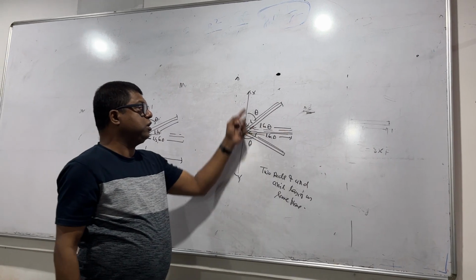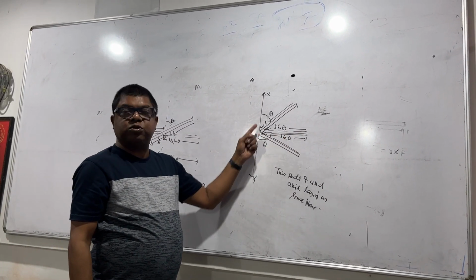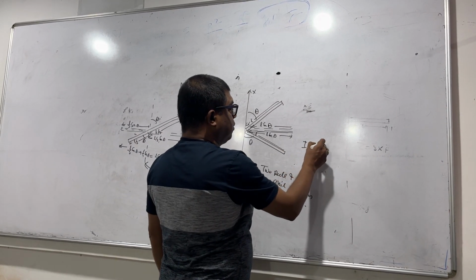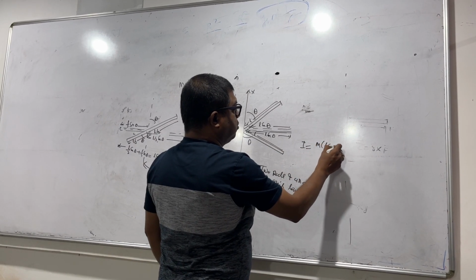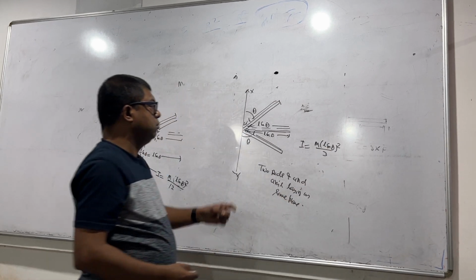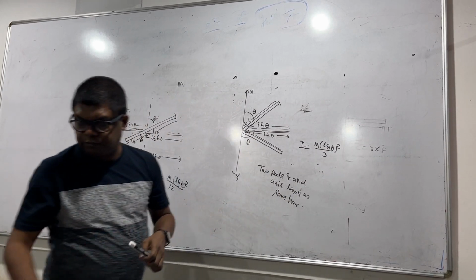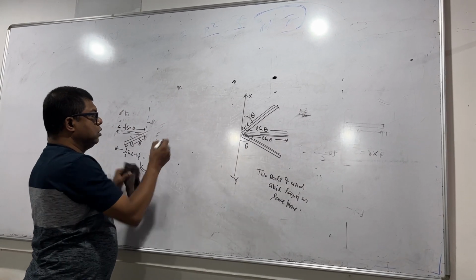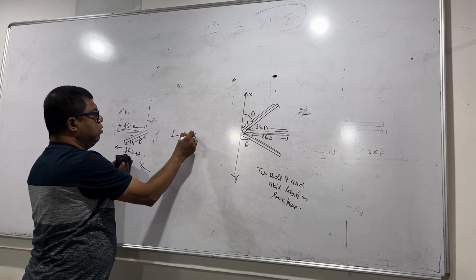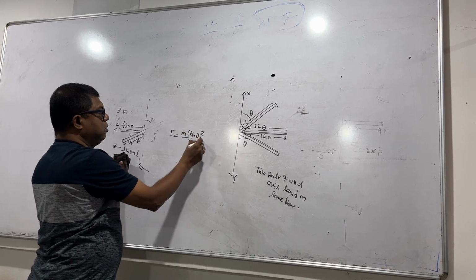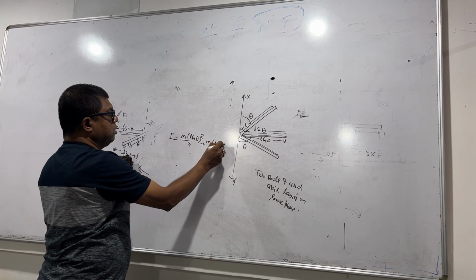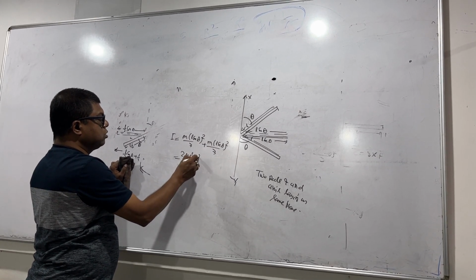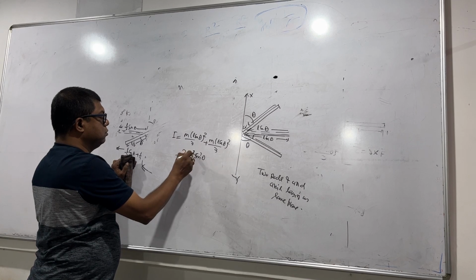So this is (L sin theta)^2 by 3, that is mL^2 sin^2 theta by 3, for one end of the rod. So I is equal to m into (L sin theta)^2 by 3, and for the other, I is equal to m L^2 sin^2 theta by 3 plus m L^2 sin^2 theta by 3, that is 2mL^2 sin^2 theta by 3.